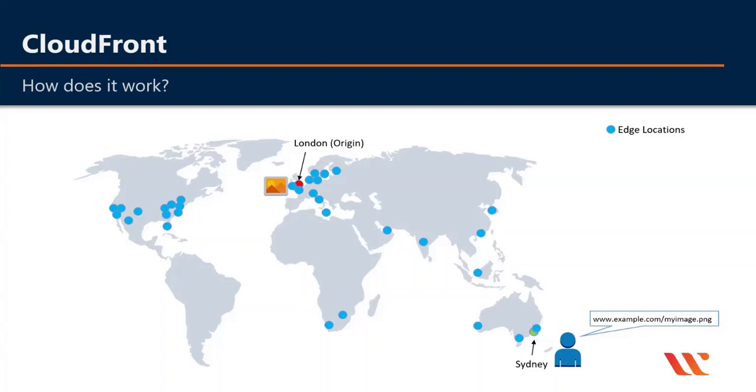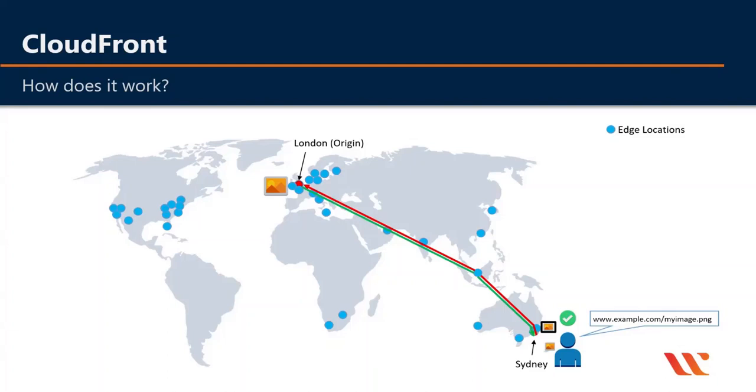Now, if the request for this image is made for the first time, the edge location may not have it, right? In that situation, the request to the origin and the response is routed through the AWS backbone network to the edge location instead of going through the public internet with different network paths, which can cause a certain latency.